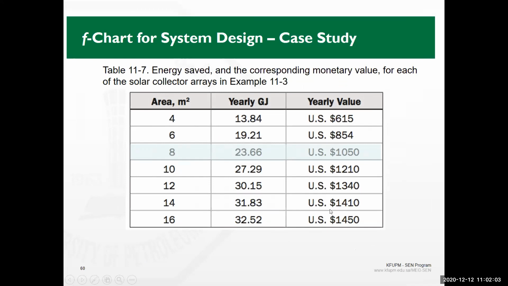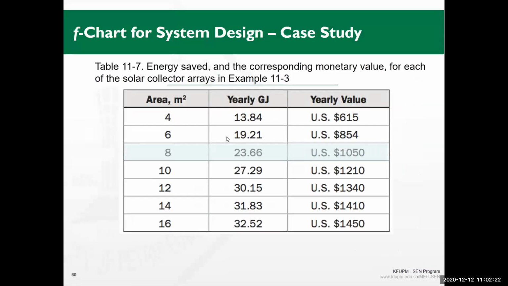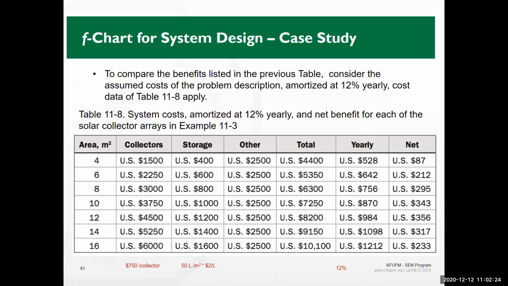value. And when you put that in a figure, you'll find that the values here are the yearly monetary value corresponding to the utilization of the collectors there. But when you get to the savings, they are specified here.